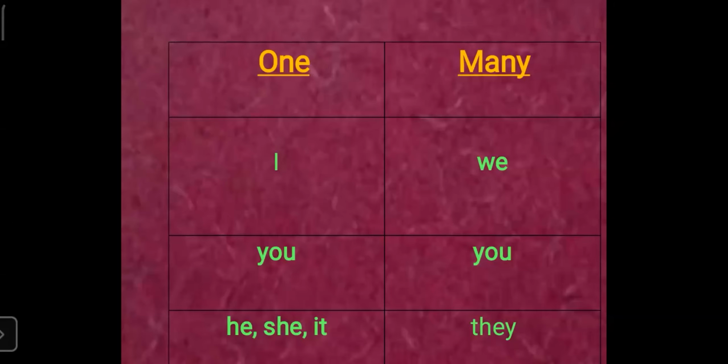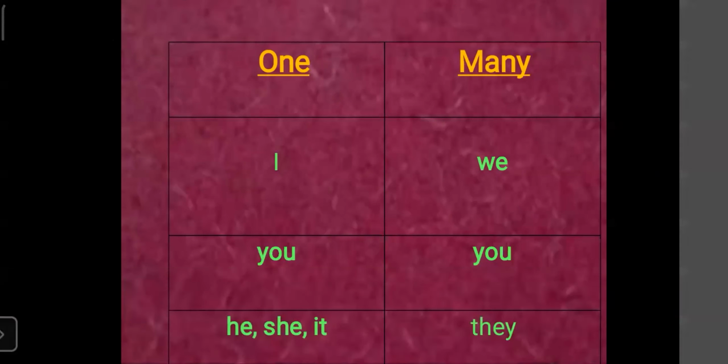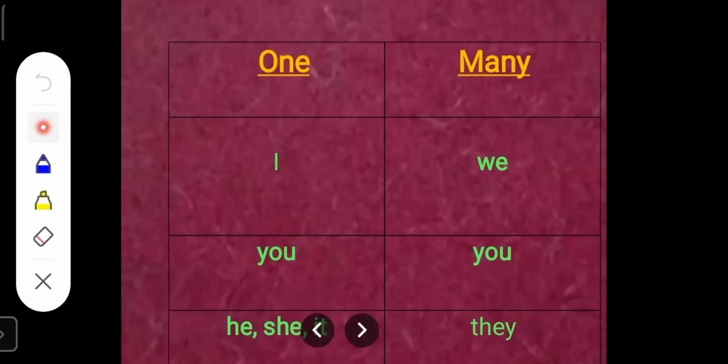Children, the subject pronoun you can be used when we are talking to one person and to many people at a time also. So you is used for one and you is also used for many.